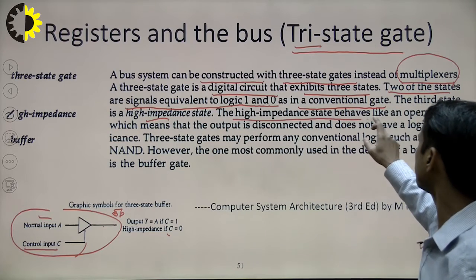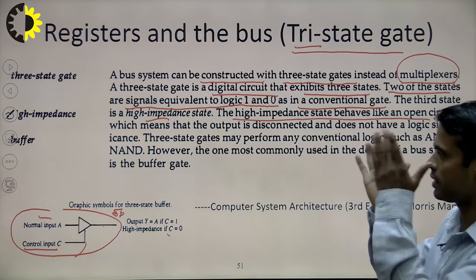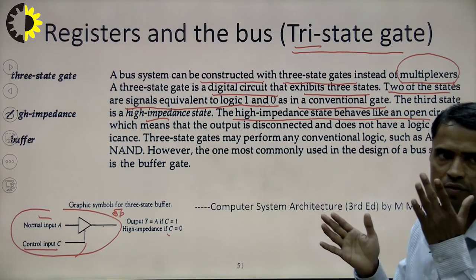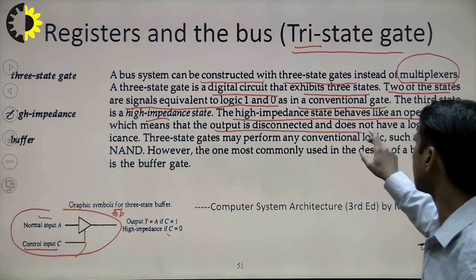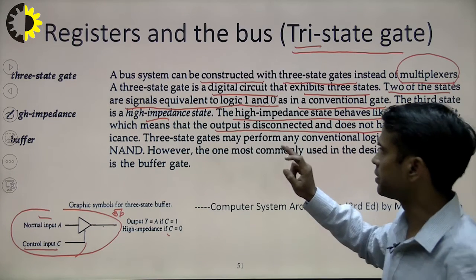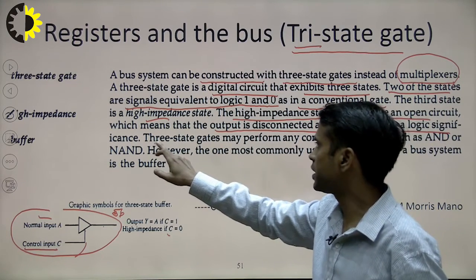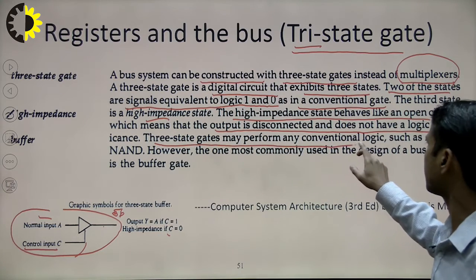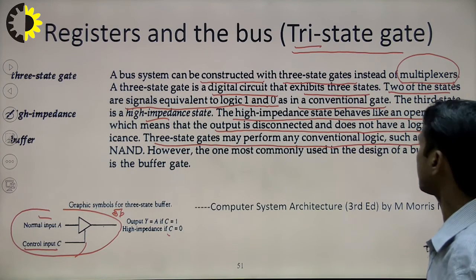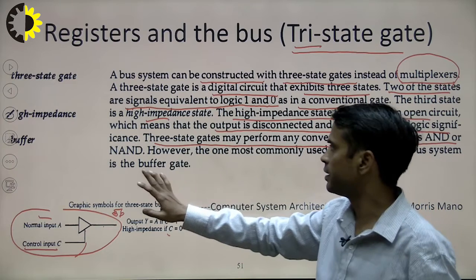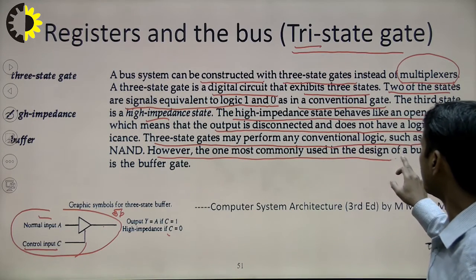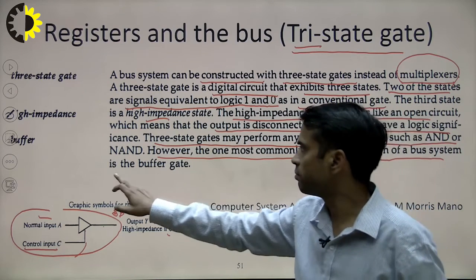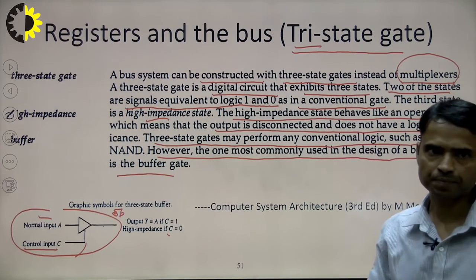At high impedance it behaves like an open circuit, meaning there will be no movement of data from input to output, which means that the output is disconnected and does not have a logic significance. So, a 3-state gate may perform any conventional logic such as AND, OR and NAND as per our requirement. However, one of the most commonly used designs of a bus system is the buffer gate using this.